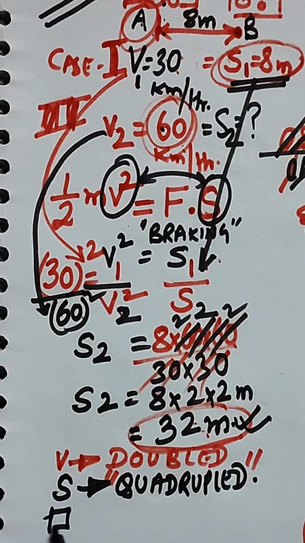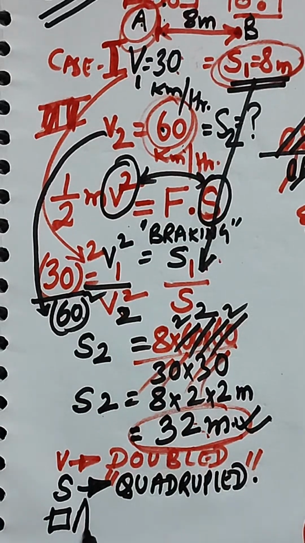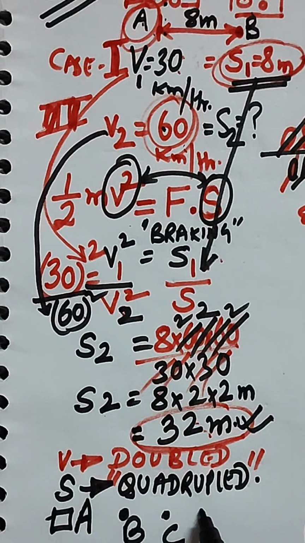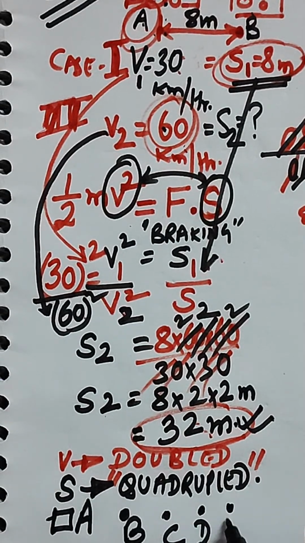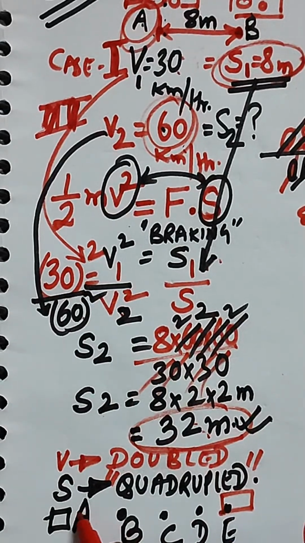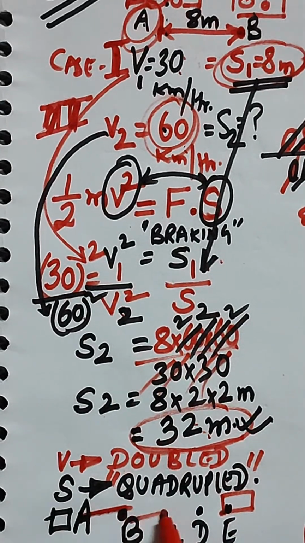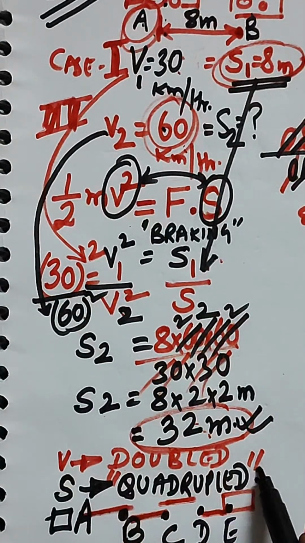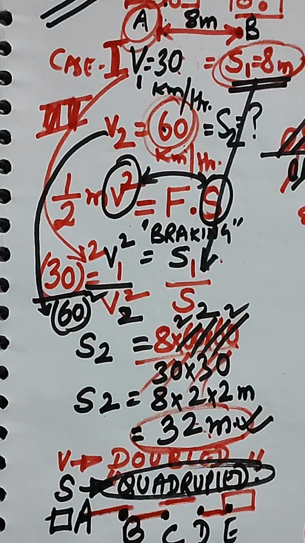That means if the car is at A, it crosses B, C, D, and stops at point E. That means this distance, 1, 2, 3, 4, is 4 times, quadrupled.